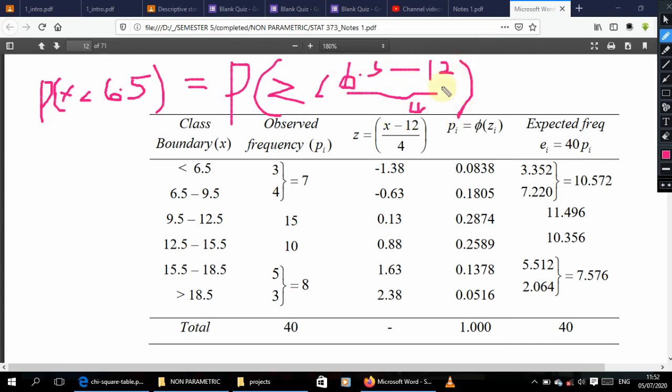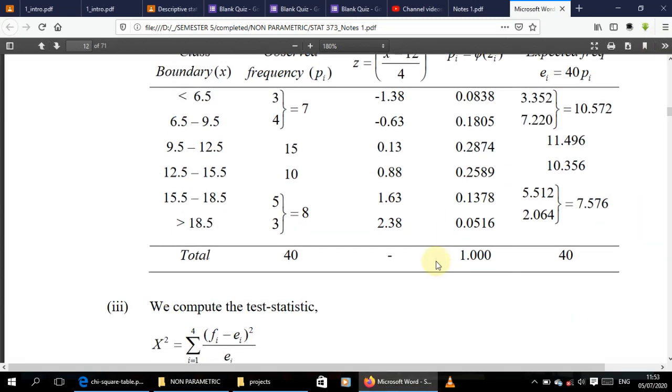So this is what has been given here. So 6.5 minus 12 over 4, when you do that, you get this value, and then you go and look on the table for phi of negative 1.38, and that's the value.